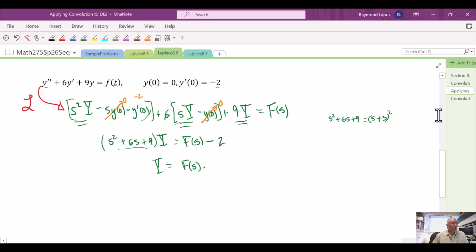All right, (s plus 3) quantity squared it is. 1 over (s plus 3) squared minus 2 over (s plus 3) squared. So since we don't know what F of s is here, this will probably be a convolution, while this one is something that we can figure out. I hope we can figure that out.